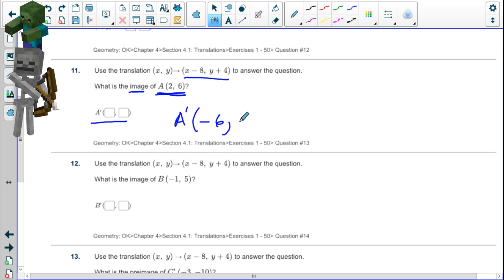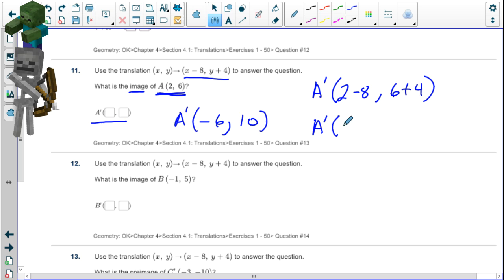And then to get the second part of my image, we're going to take the y and add 4. So 6 plus 4 is 10. So you would put negative 6 and 10 in the blank. So if it helps you, you could also think of writing it out like this. You take 2 minus 8 and 6 plus 4.